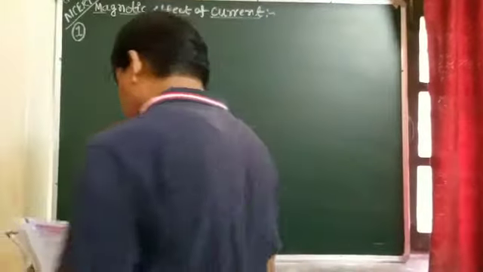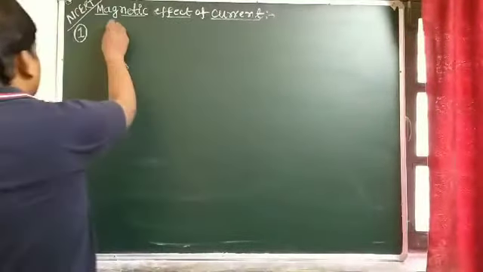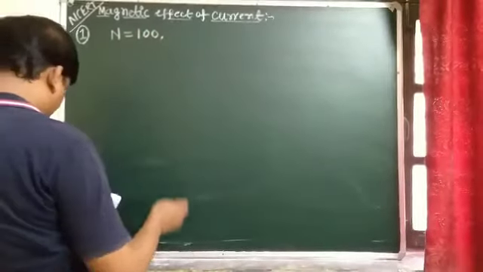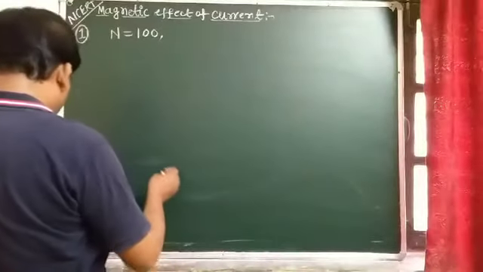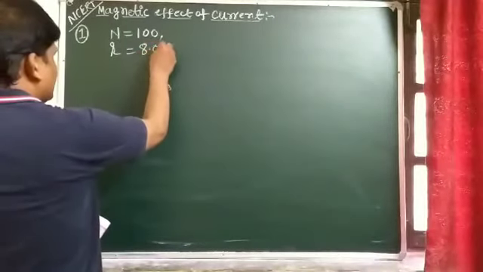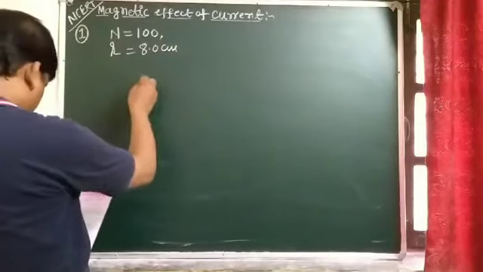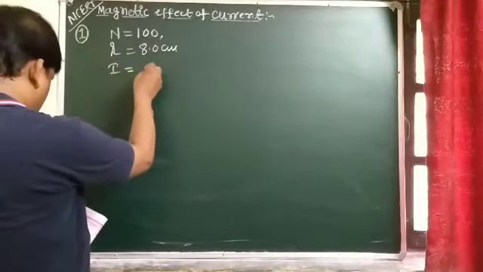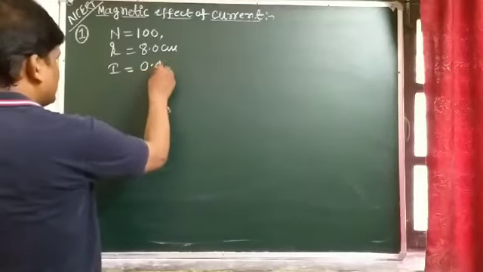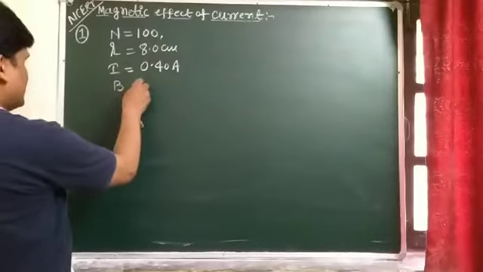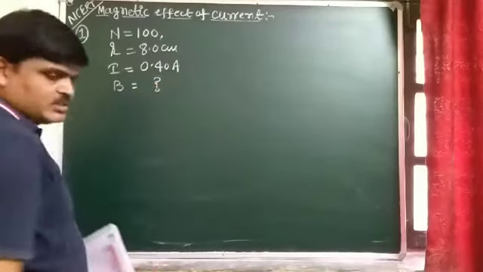Here the number of turns is 100, the radius is 8 centimeter, and the current is 0.40 ampere, and we have to find the magnetic field at the center of the circular coil.